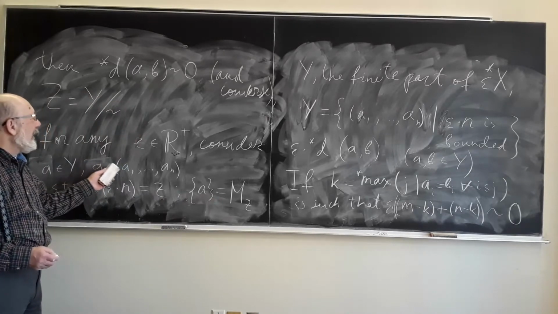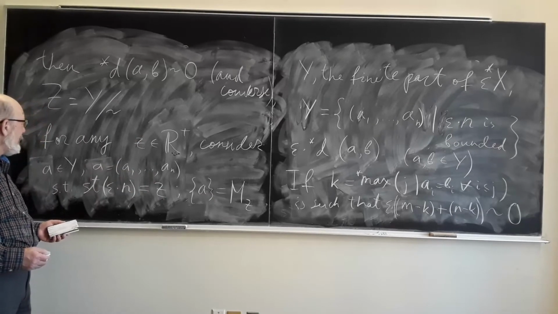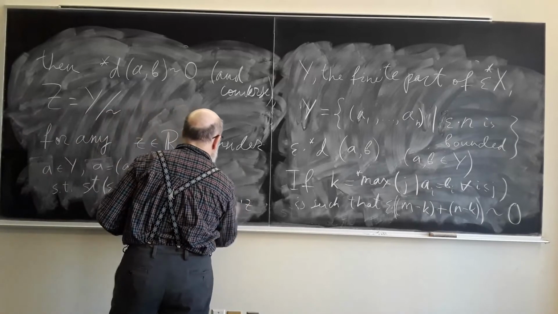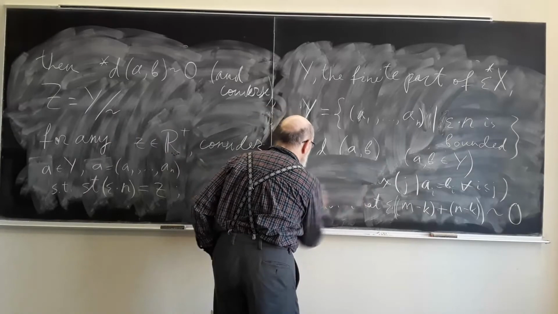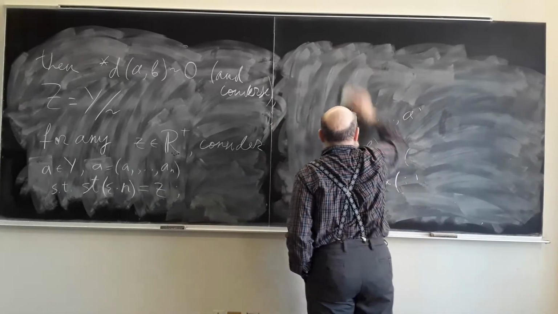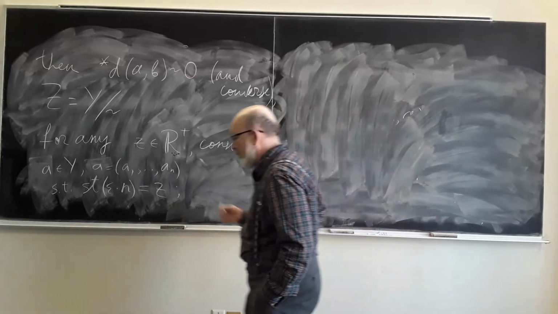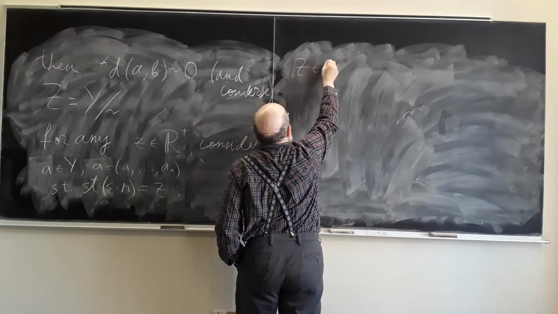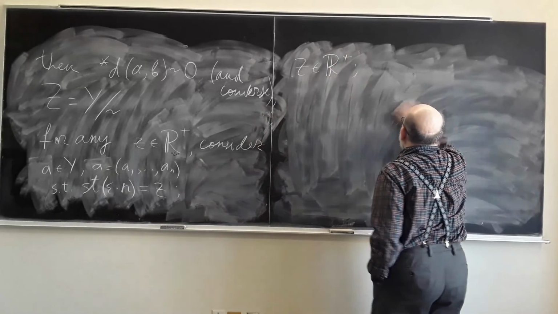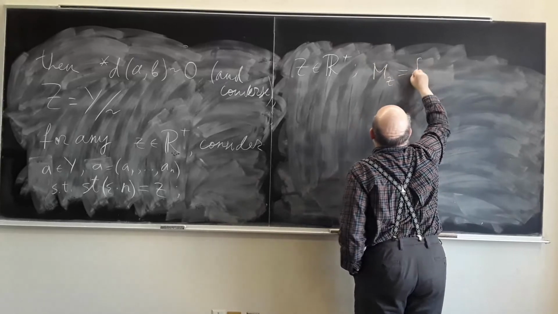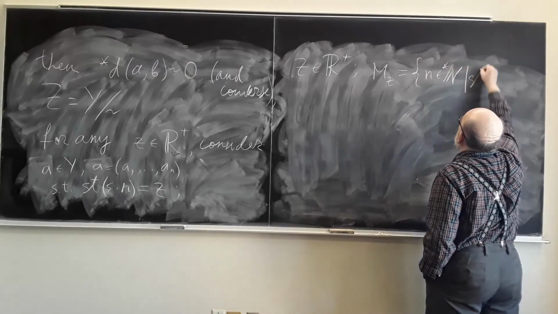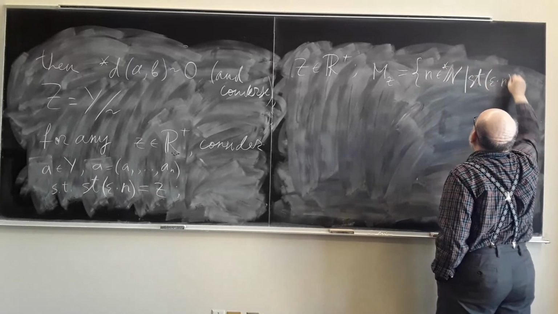Let me express myself more distinctly. Suppose z in R plus, and consider the set mz equals the set of n in star n such that standard part of epsilon times n equals z.